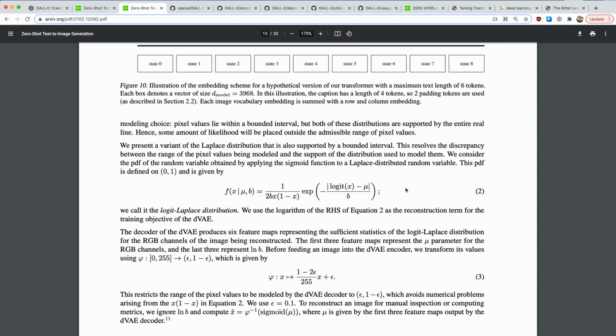But there's actually two deltas here between this logit Laplace loss versus a standard L1 loss. One is you do this logit transform on the ground truth pixels that you're trying to predict. But the other detail that comes up in the appendix and not necessarily in this section is that the decoder is not just predicting the mean pixel for every pixel in the output.